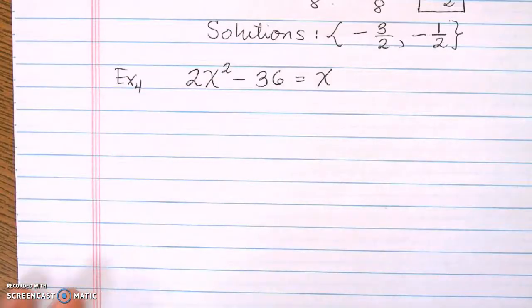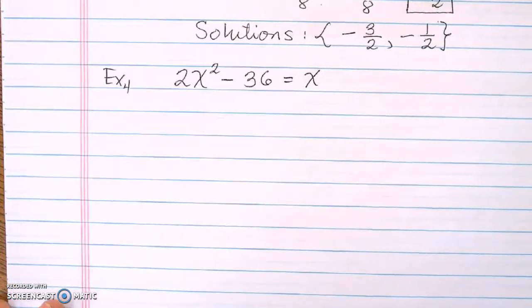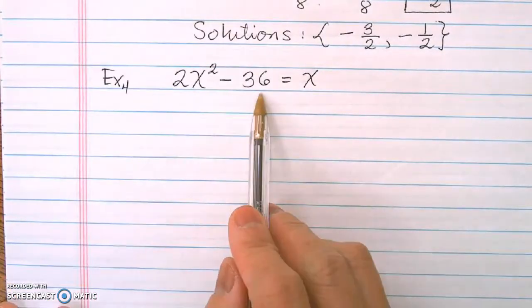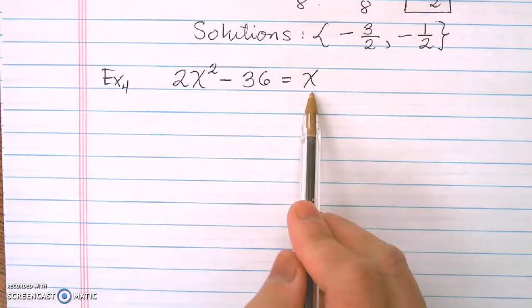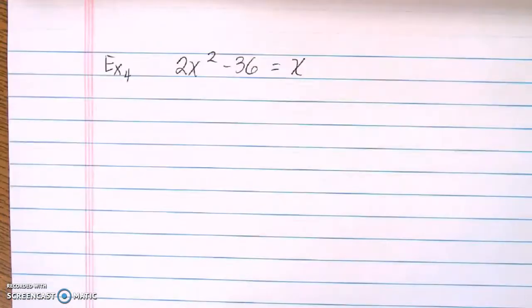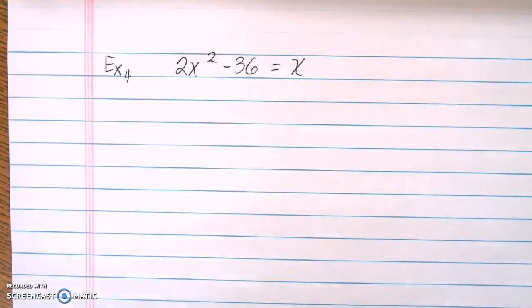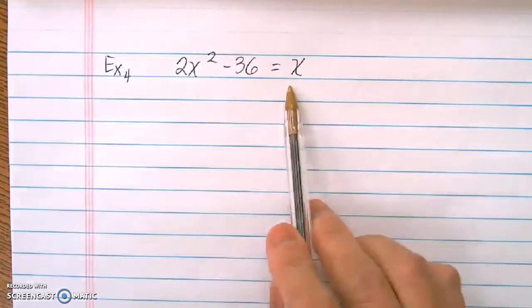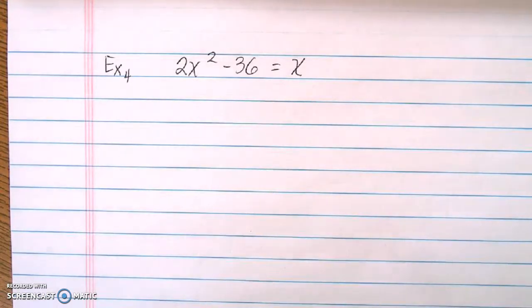Okay, so for our example number 4, I have 2x squared minus 36 equals x. Again, not in standard form. So therefore, we need to move the x to the left side and make it into standard form.